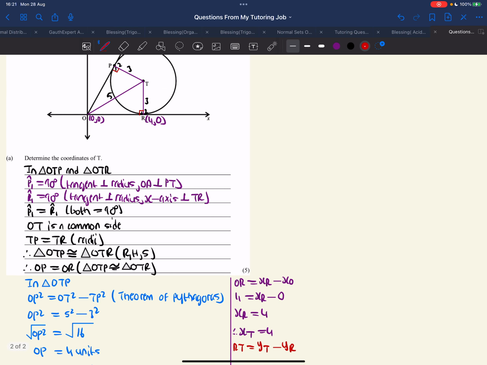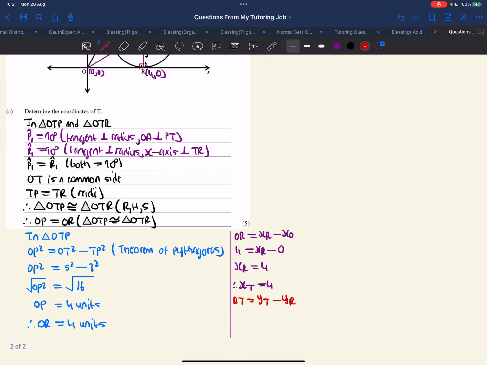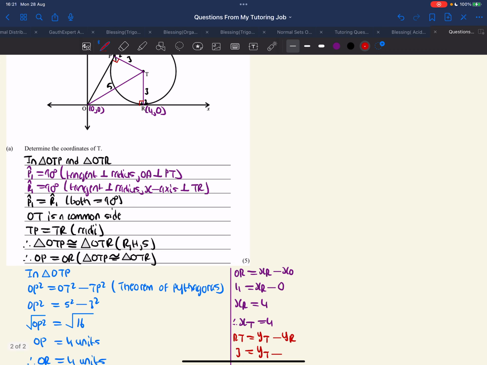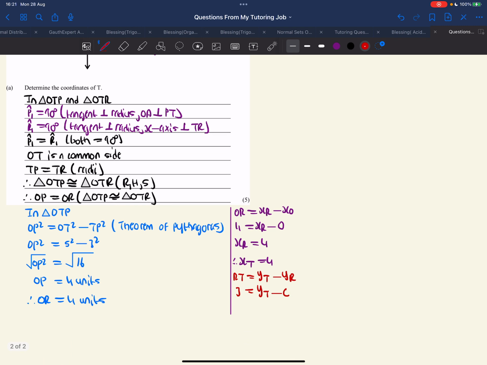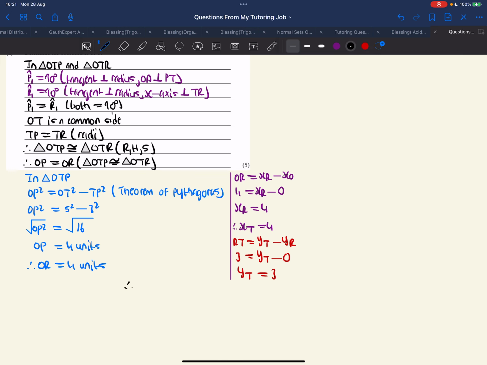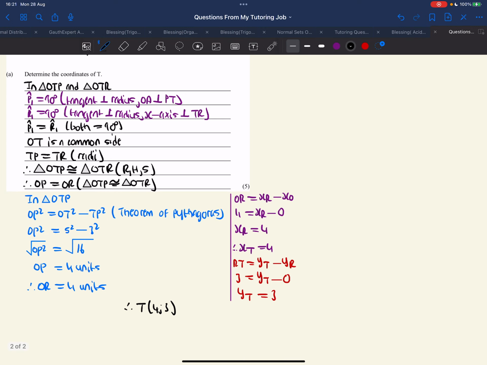Now remember, RT is a radius of 3, so we know that the radius is 3, and then yT minus the y coordinate of R, which is 0, so yT is basically going to be 3. Now we can say that therefore T is going to be 4, 3. So the coordinates of T there are 4, 3. All right.